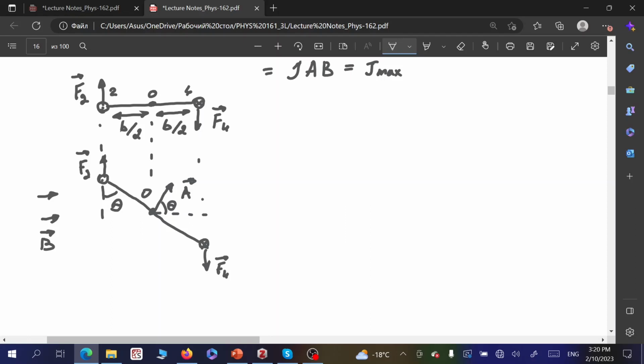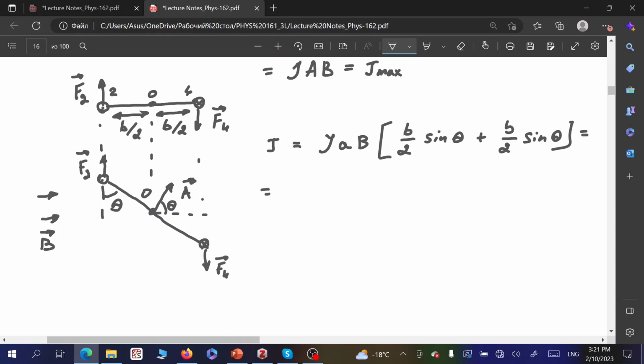So we need to write that in this case, the torque will be I times A times B. And here, instead of just B over 2, we need to multiply it by sine theta, plus B over 2 multiplied by sine theta.